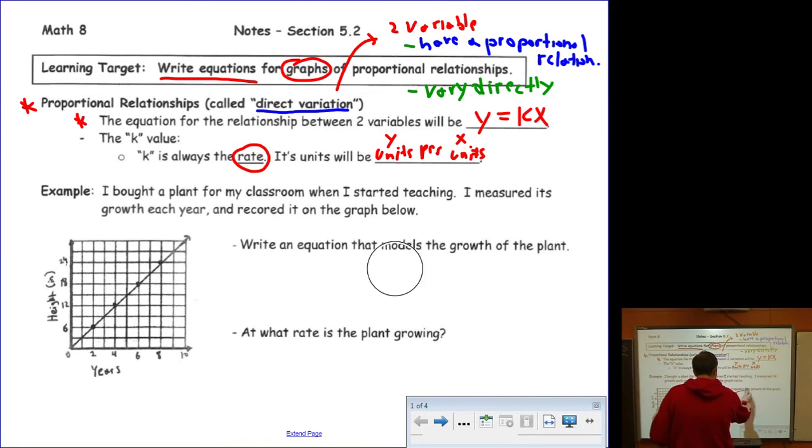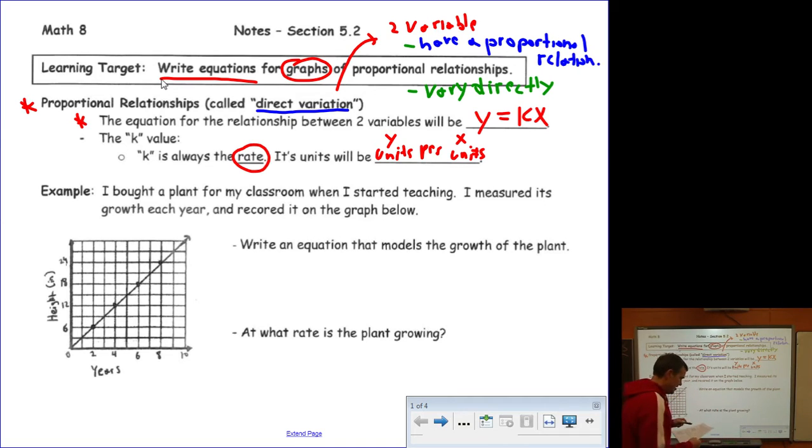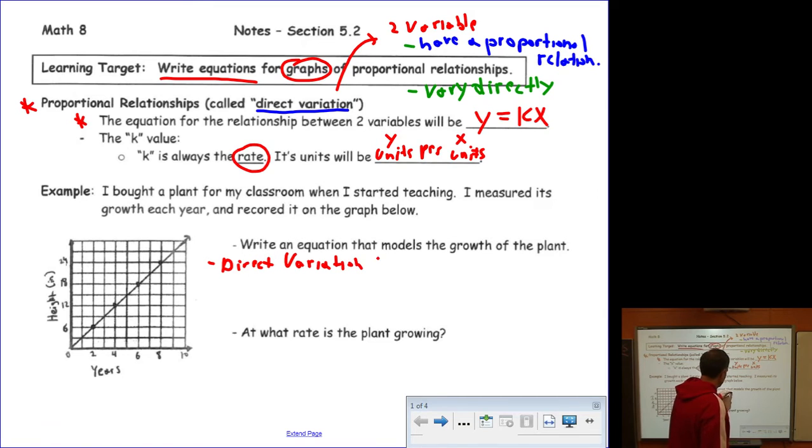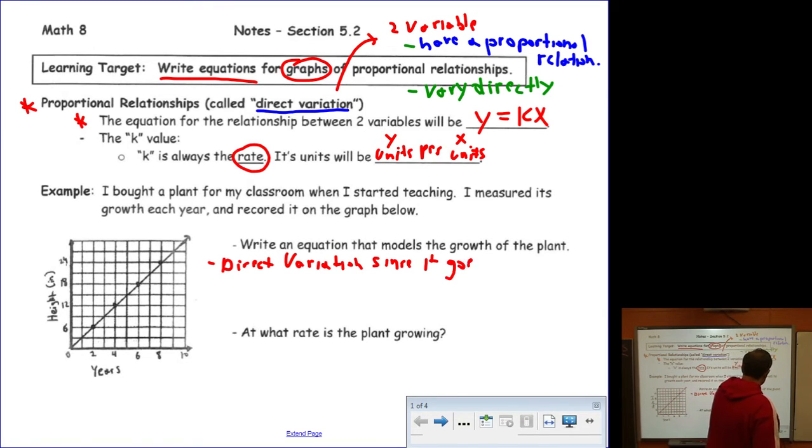So, first of all, we know that this is direct variation since it goes through the origin.